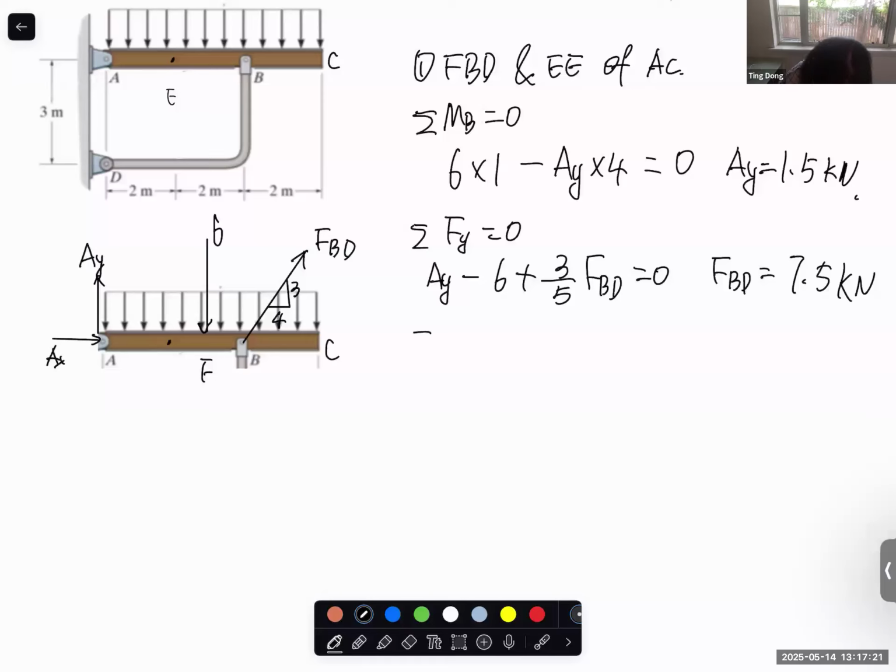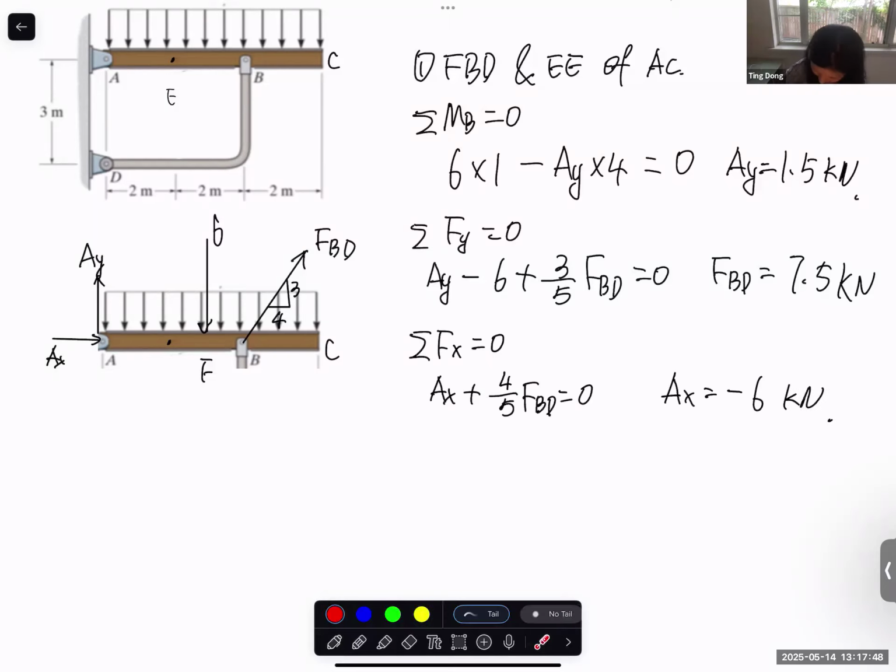And then, of course, Fx equal to 0. We can calculate Ax. Ax. The x component of the FBD equal to 0. So Ax equal to -6.